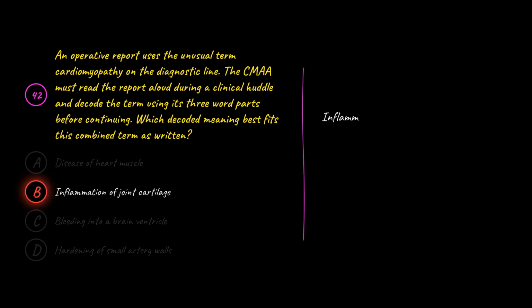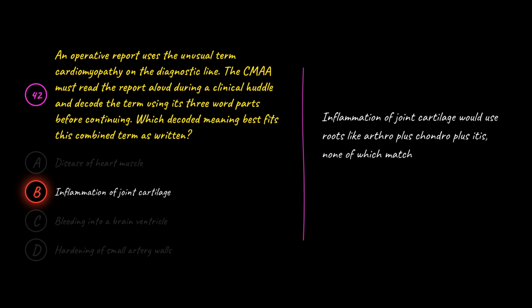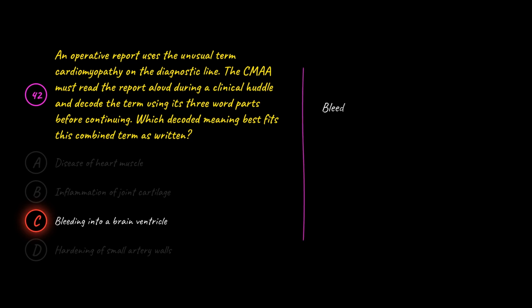B is wrong because inflammation of joint cartilage would use roots like arthro plus chondro plus itis, none of which match the cardio, myo, and pathy components present in the term being decoded today. C is wrong because bleeding into a brain ventricle uses different roots such as encephalo and rrhage.